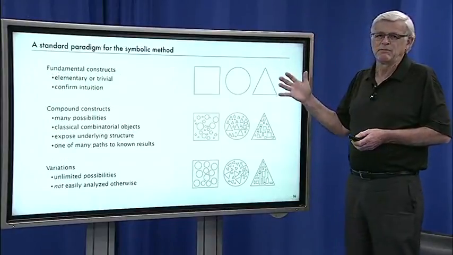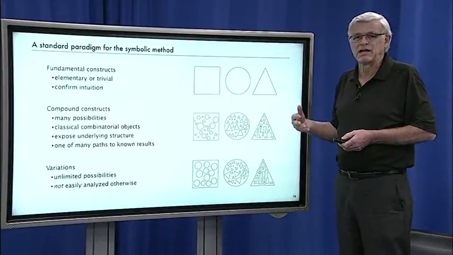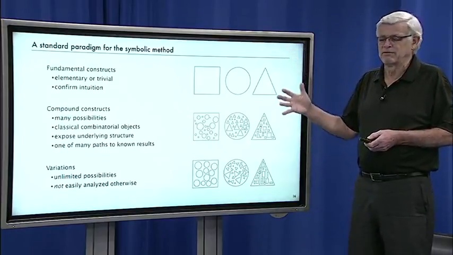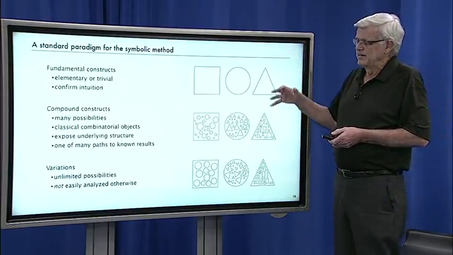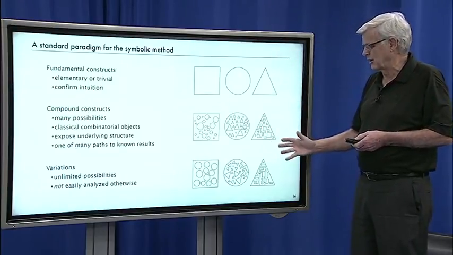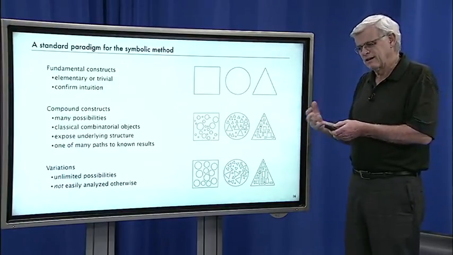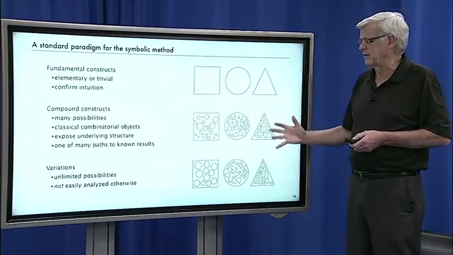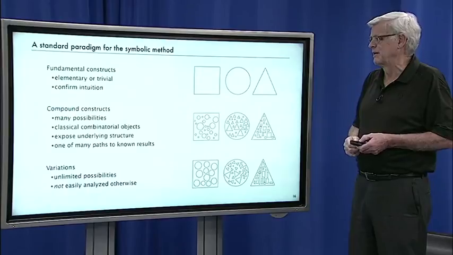And that's a very standard paradigm that we'll see in application after application for the symbolic method and for analytic combinatorics. It's a calculus for the study of quantitative properties of large combinatorial structures. And calculus means that really we have unlimited possibilities once we understand the basic operations.